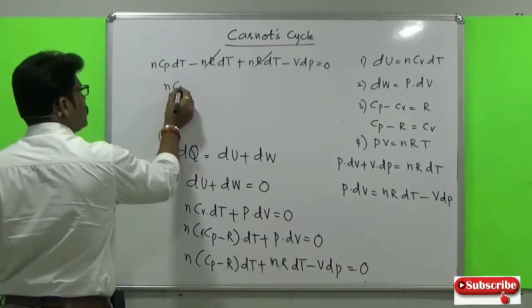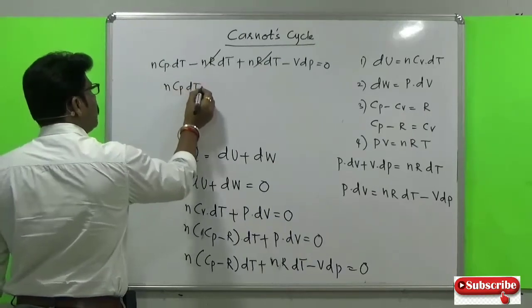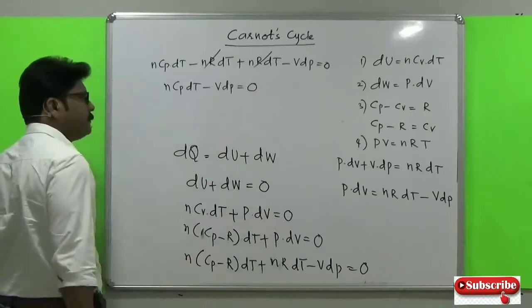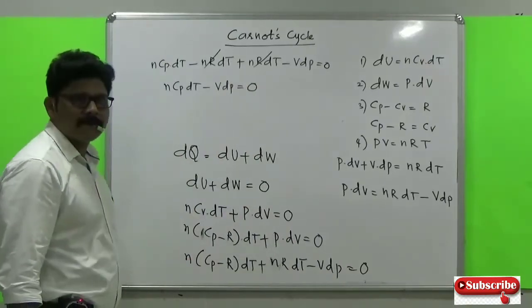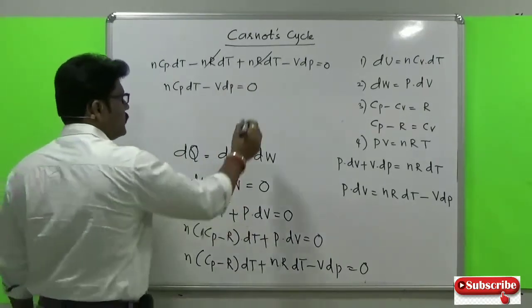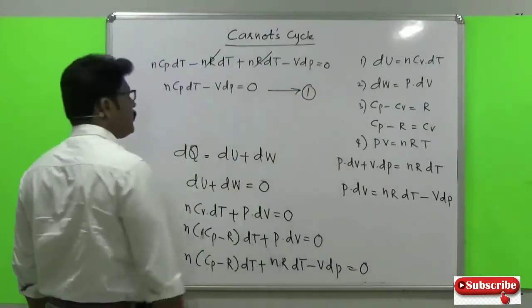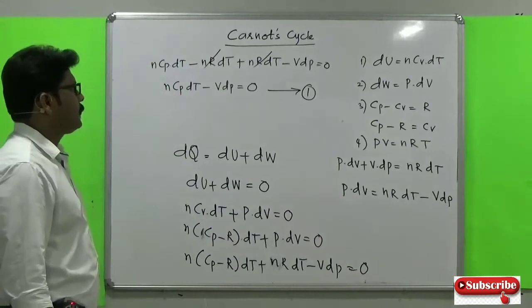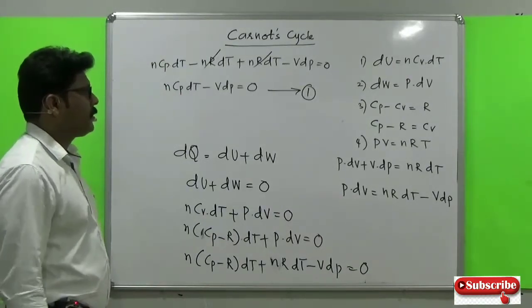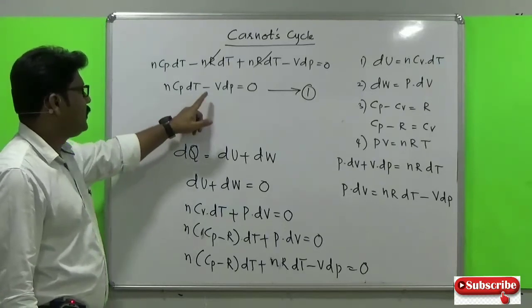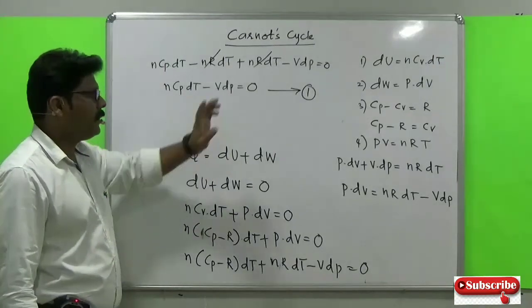So n into Cp dT minus V into dP equal to 0. So this is left over to us. This is equation number 1, लगा दो इसको. Equation number 1.